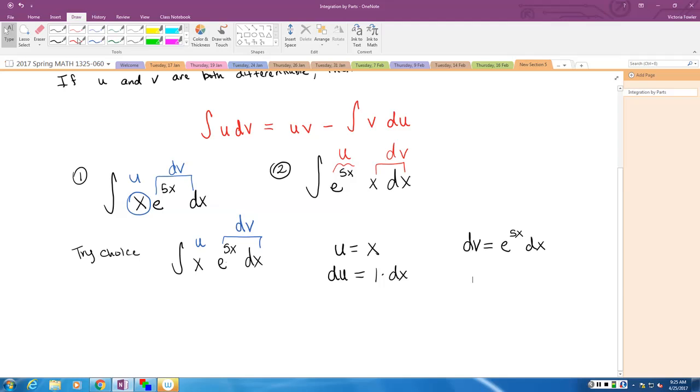The antiderivative, that's right. So what I want to do is find out what v is. So I'm going to take the antiderivative, right? Okay, so I apply it to both sides. The antiderivative of dv is v, isn't it? It's like I have a 1 sitting here.